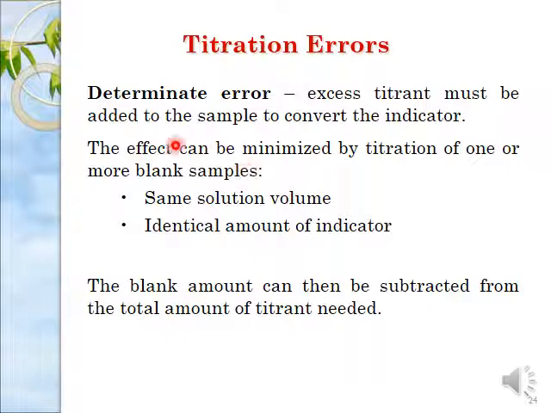The blank sample will have the same solution volume and the same amount of indicator, and the volume used to neutralize or react with the blank will be subtracted from the total amount of titrant needed by the sample.